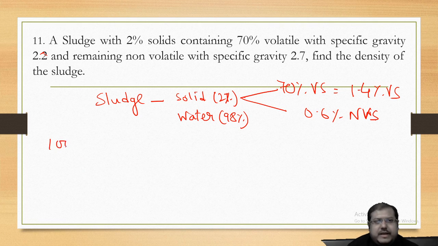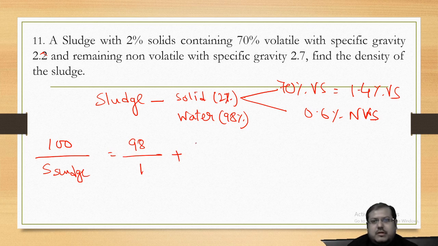So 100 by S sludge is equal to 98% water by 1, plus 1.4 by 2.2 plus 0.6 by 2.7.